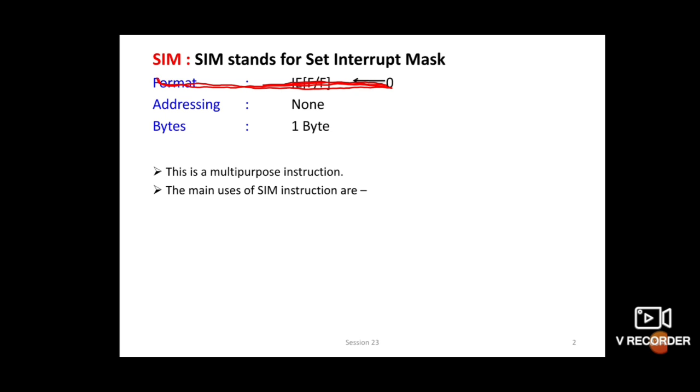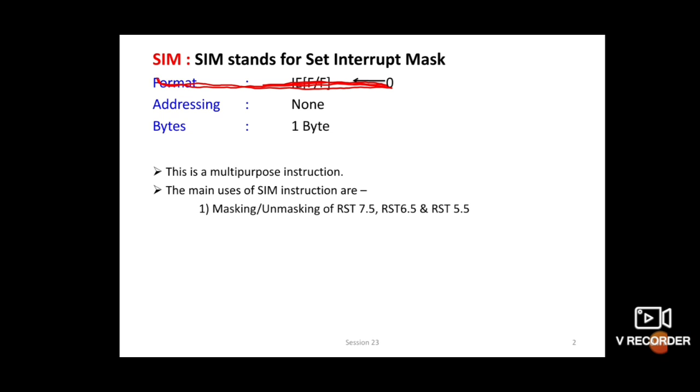Means first store the data into the accumulator, then execute the SIM instruction, because the data stored in the accumulator decides which action is to be taken. Understood, students? Always remember, when SIM or RIM instructions are executed, first store the data into the accumulator.